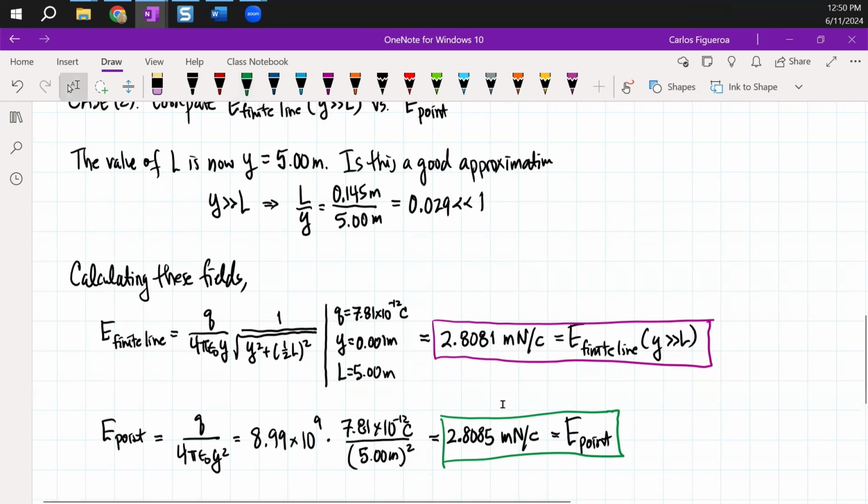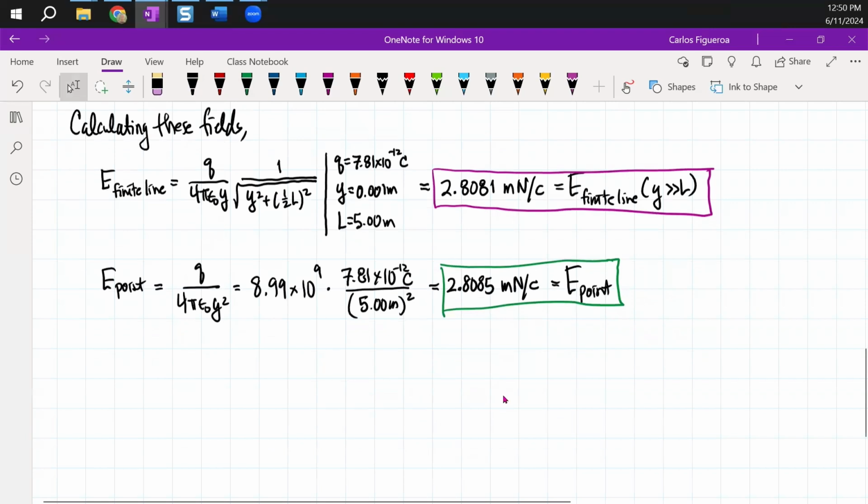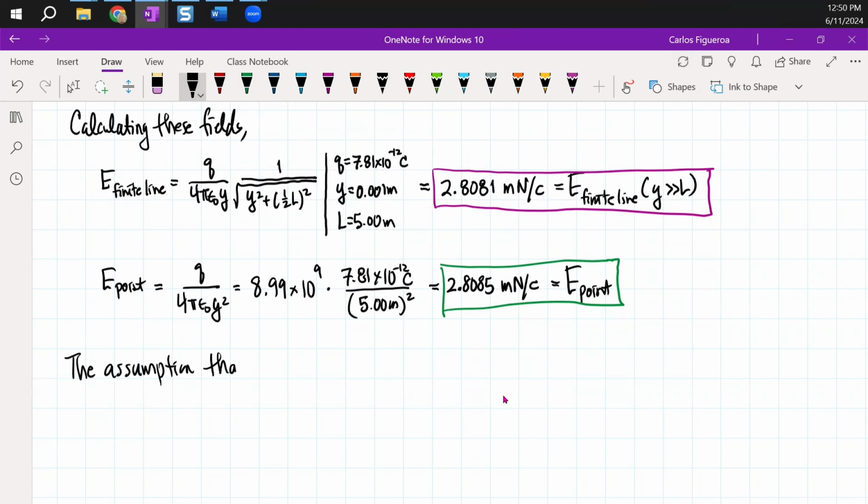That tells you that the assumption that the field of a finite line for y much, much greater than L is equal to that of a point is a good assumption, is valid.